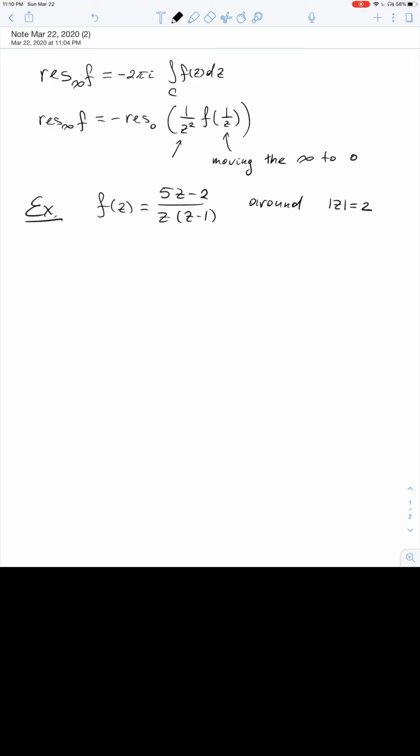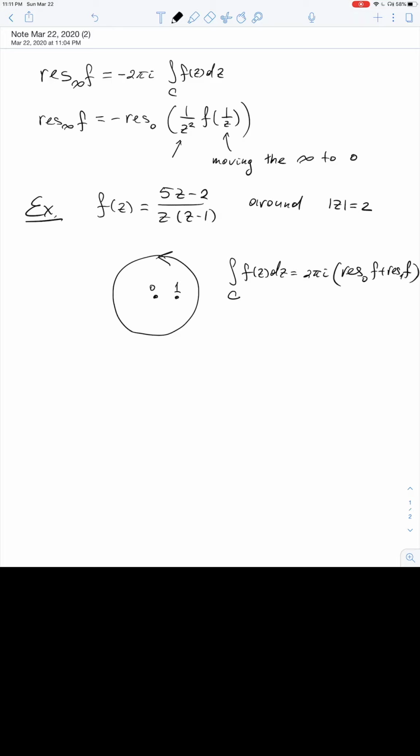The way we integrated it is that we realized that if our circle goes counterclockwise, there are two poles, two residues, sorry, at z equal to 0 and at z equal to 1, and we know that the integral of f of z dz is 2 pi i times the residue at 0 plus the residue at 1.